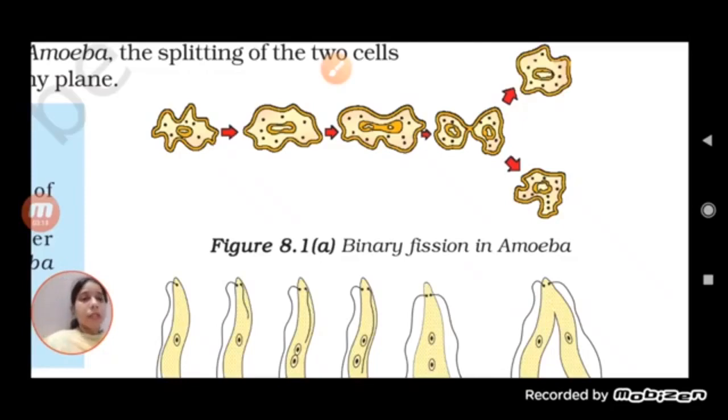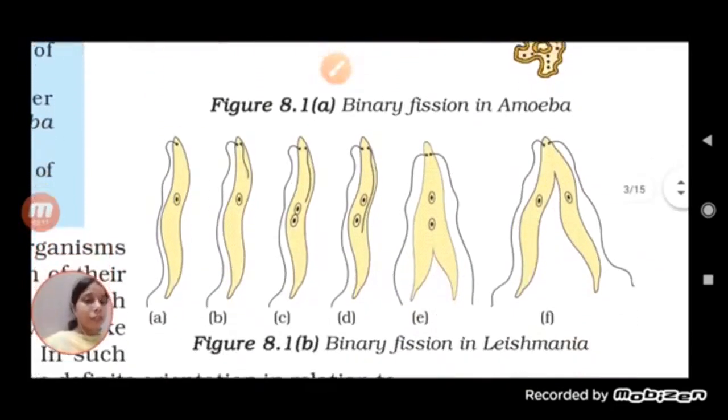Although this process does not take very much time, the daughter cell produced here will first grow and mature into a fully matured amoeba, and then it will show the process of binary fission. Similarly, in the case of Leishmania also, the division occurs. First the nucleus divides and the cytoplasm divides, and then the cell divides into two.